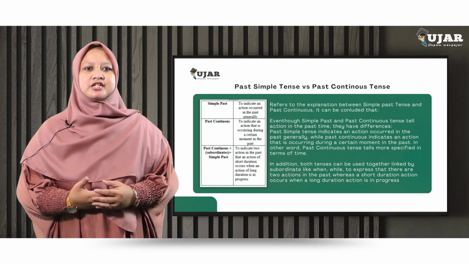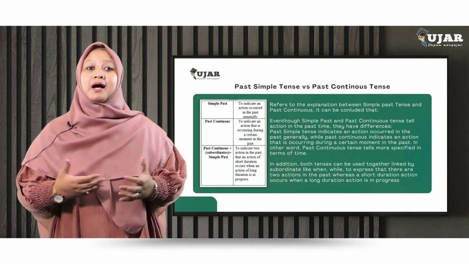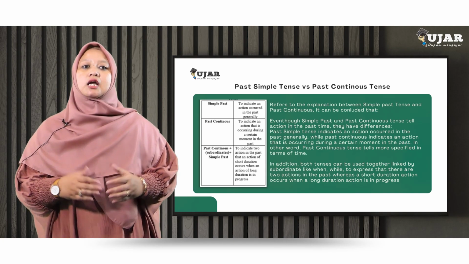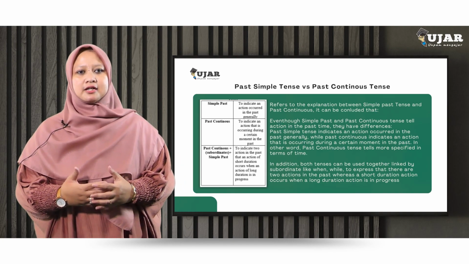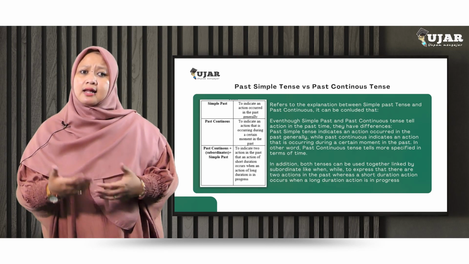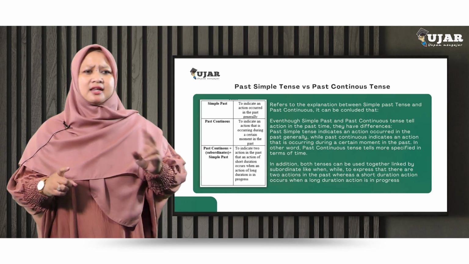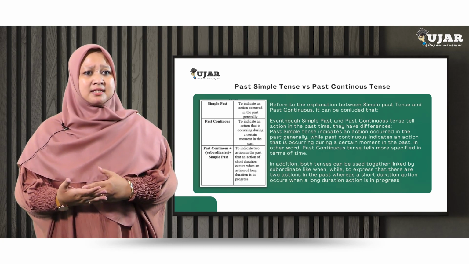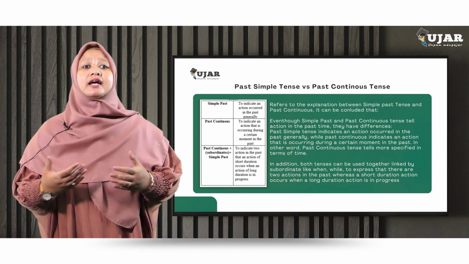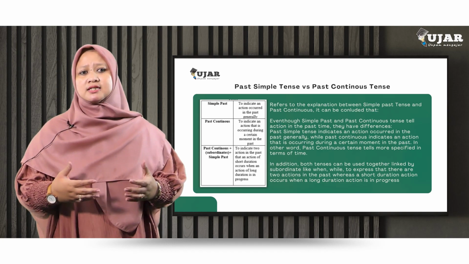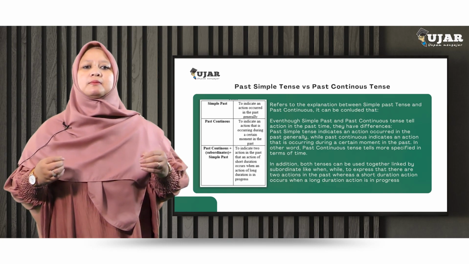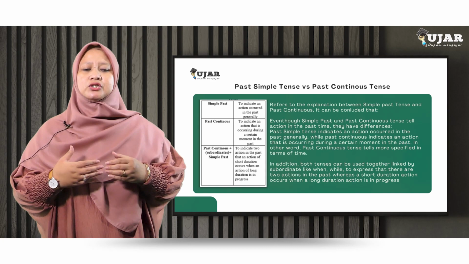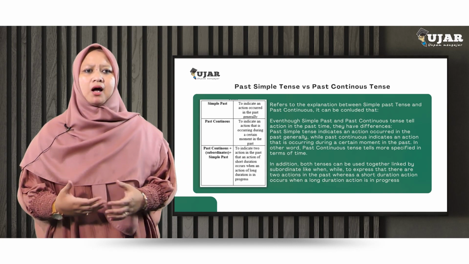Reverse to the explanation between simple past tense and past continuous, it can be concluded that even though simple past and past continuous tense tell action in the past time, they have differences. Past simple tense indicates an action occurred in the past generally, while past continuous indicates an action that is occurring during a certain moment in the past.